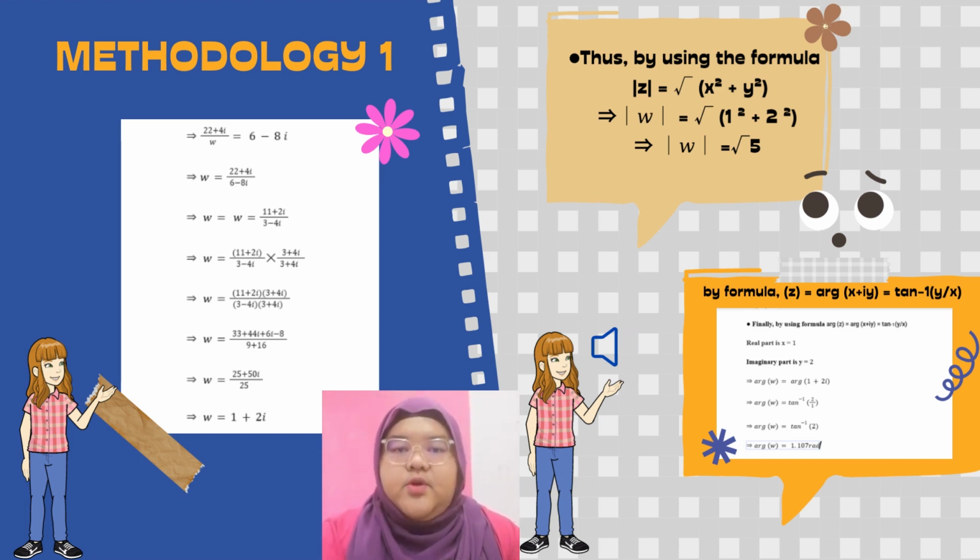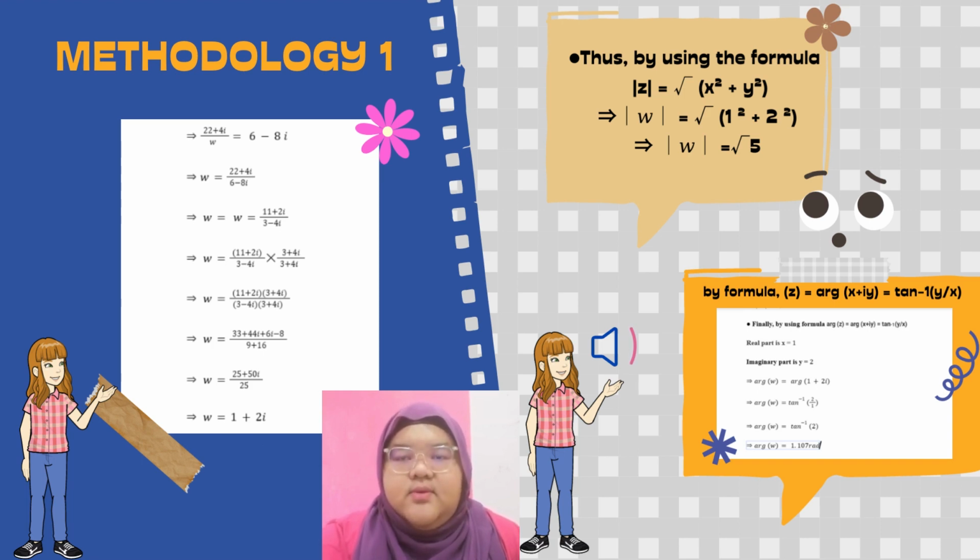Next, to find the modulus of w, we must use the formula modulus of z equals the square root of x to the power of 2 plus y to the power of 2. From the equation that we found, we know x equals 1 and y equals 2. Then we substitute the values of x and y into the formula, and we can find the modulus of w.